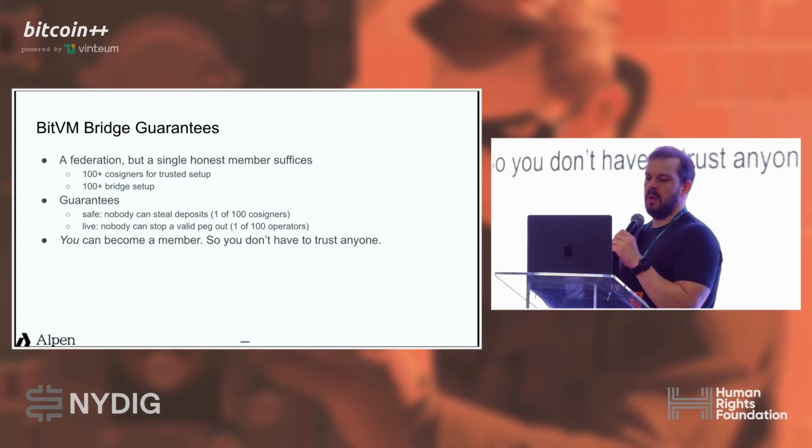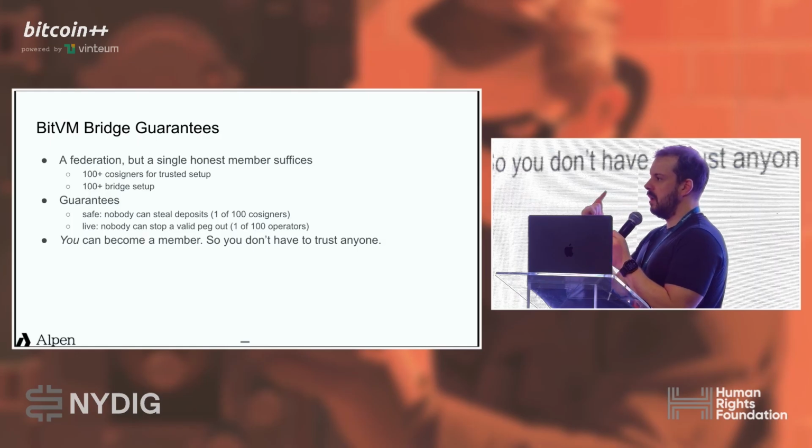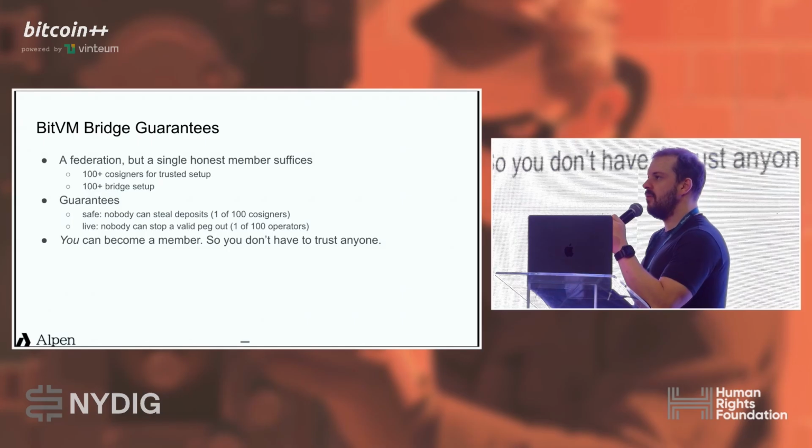It means that nobody can steal deposits if you have one out of those n cosigners as live and honest, and nobody can stop a valid peg out if you have a single live and honest operator.